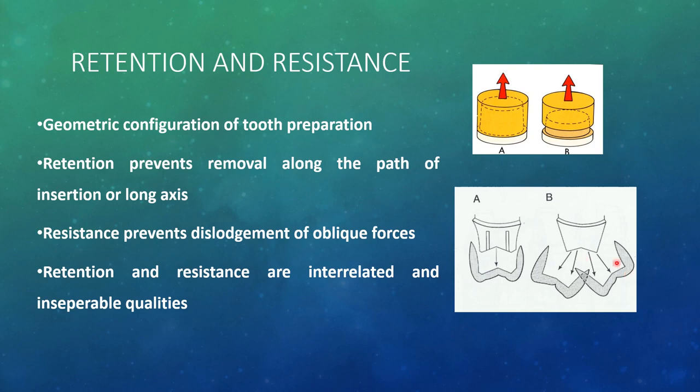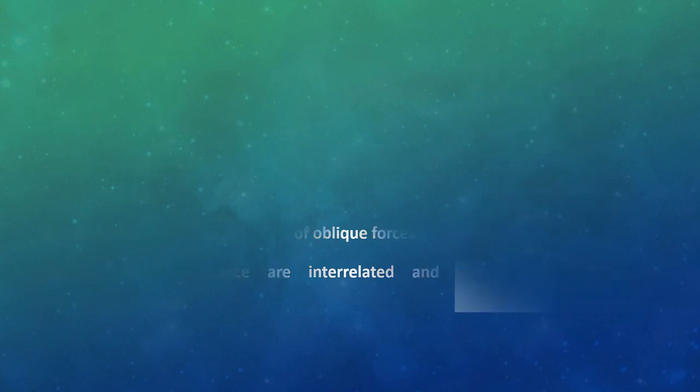Any of the oblique forces, the resistance form will try and prevent. Retention and resistance are interrelated and inseparable qualities which both have to be taken care of, guys. If you take care of both, there will be no dislodgement of the crown, and the crown will seat properly as well.